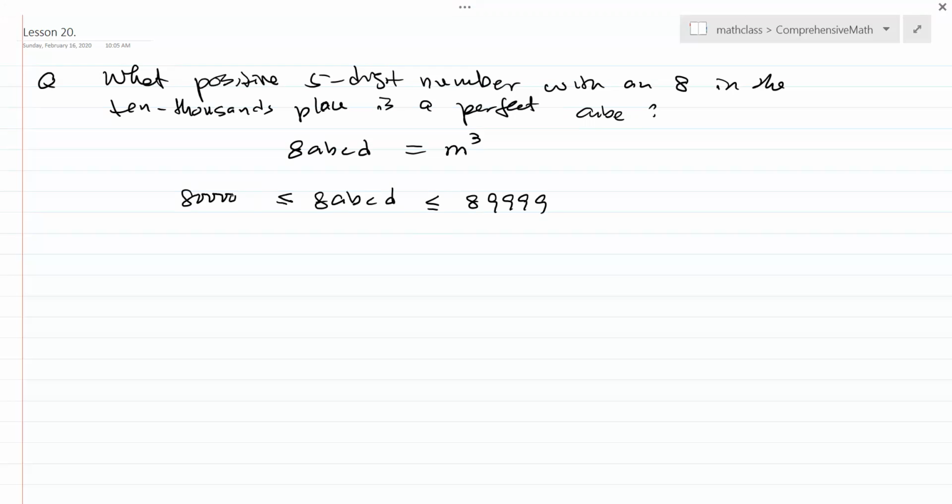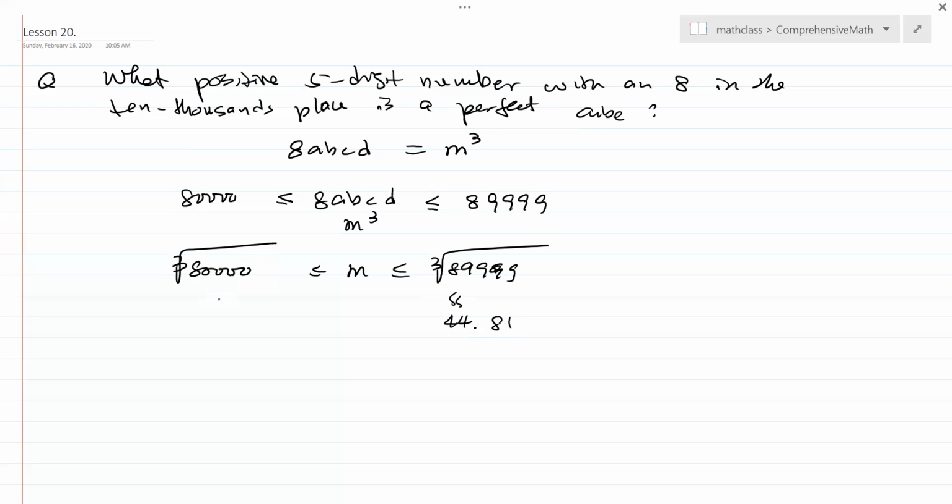So that means the perfect cube is between those two numbers. So m is going to be between the third root of 80,000 and the third root of 89,999. Then use a scientific calculator to estimate, and you end up with 43.08 and 44.81.